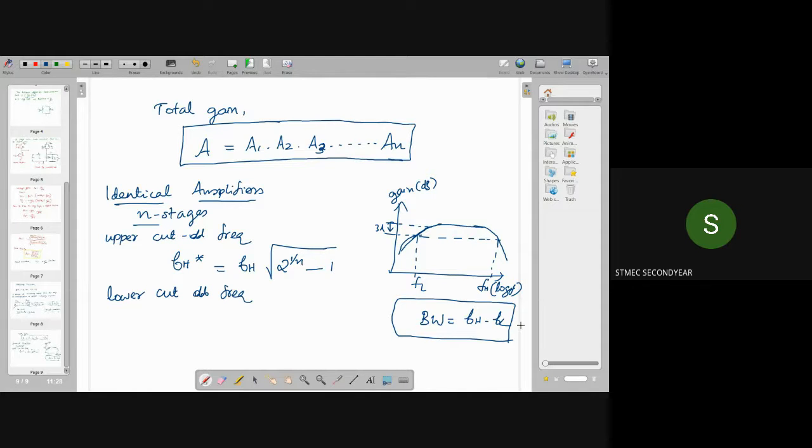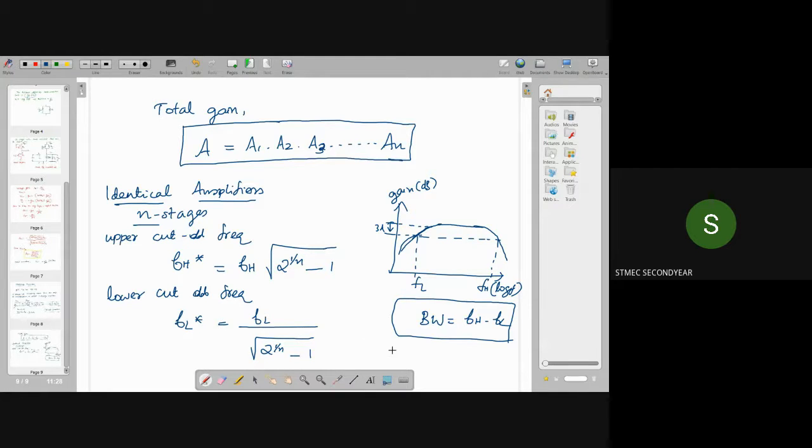So let FL be the lower cutoff frequency of an individual stage, and we are considering n identical stages, so that our lower cutoff frequency will be equal to FL divided by root of 2 raised to 1 by n minus 1. So with the same parameters, the upper cutoff frequency is multiplied and the lower cutoff frequency is divided.